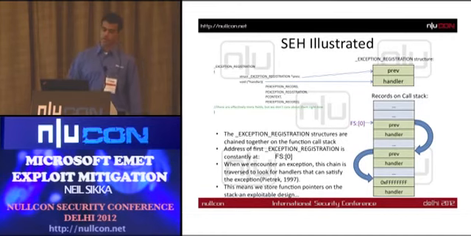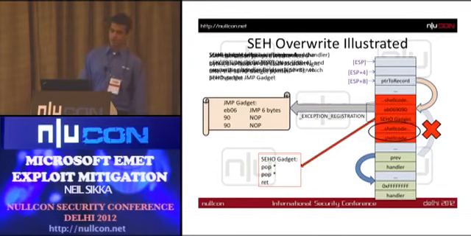And each node in the chain has a previous attribute and a handler. And we have a chain that's followed all the way until we get to one node in the chain whose previous attribute contains -1, or FF FF FF FF. So what happens is that when an exception occurs, we're going to walk this structured exception handler chain, looking for which handler to call to handle this exception.